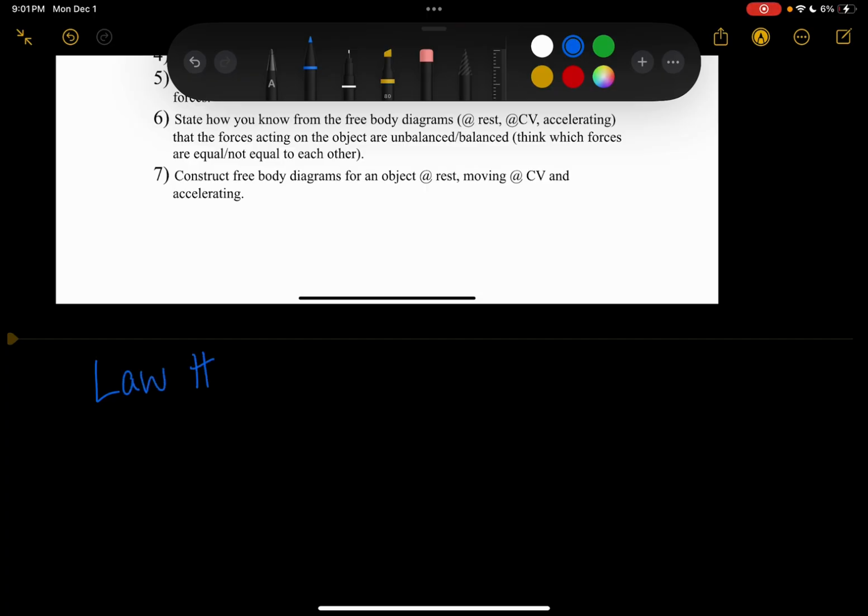Okay, law number one. This is his law on inertia.